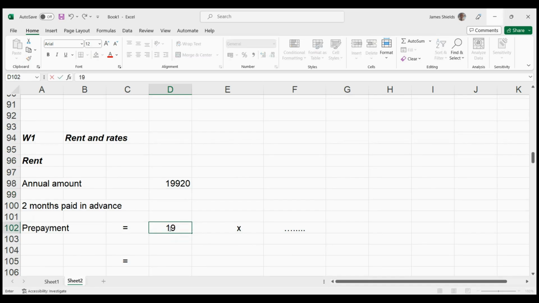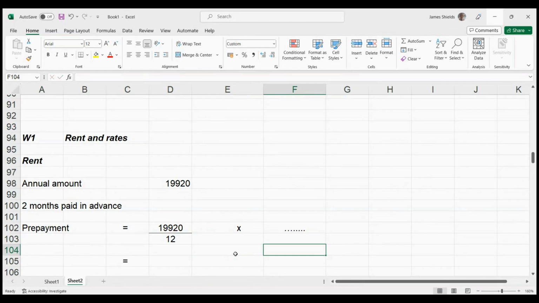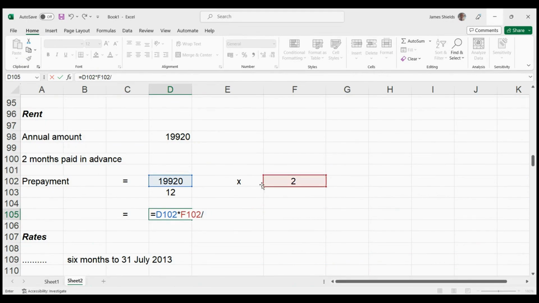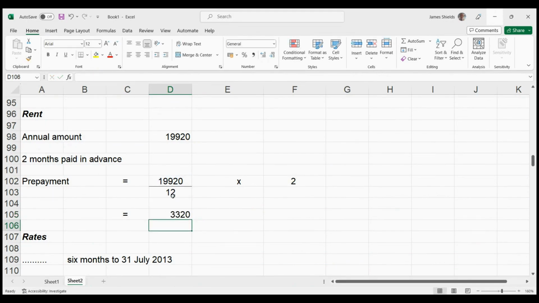So we take the 19,920, you divide by 12 to get 1 month, and then we've got 2 months paid in advance, you times by 2. So we do that calculation, 19,920 times 2 divided by 12, which gives us a prepayment then of £3,320. Now, so that's the rent prepayment. So what we're going to do with it, we'll see in a moment.